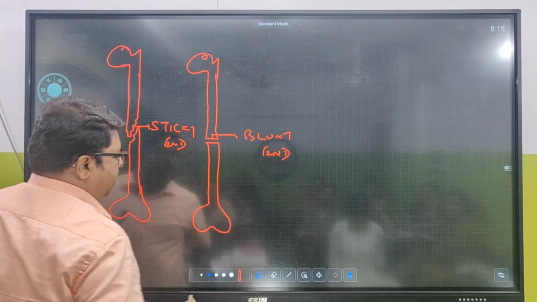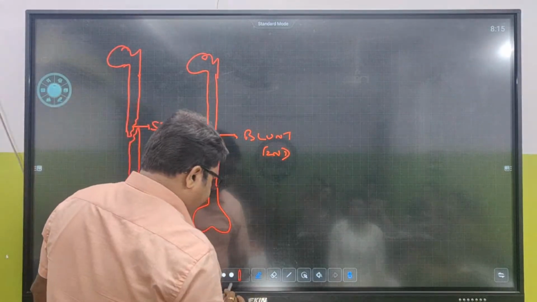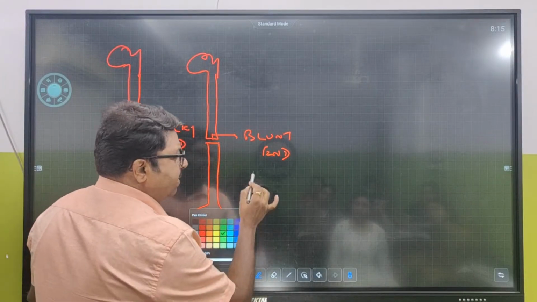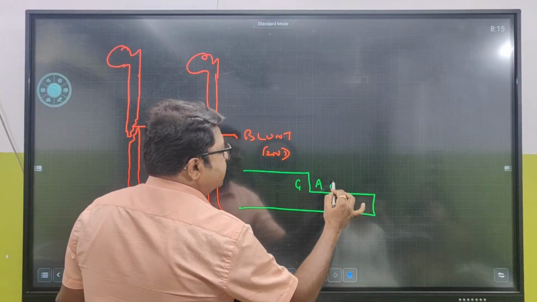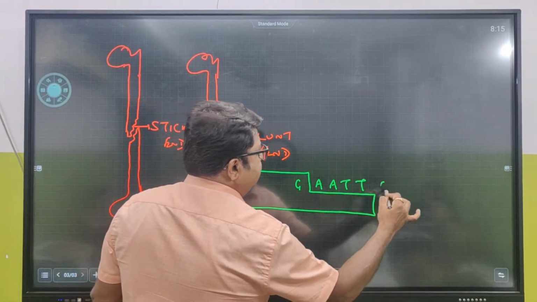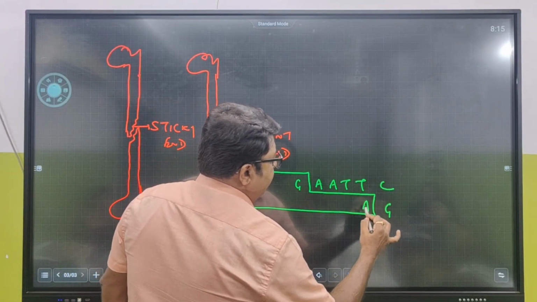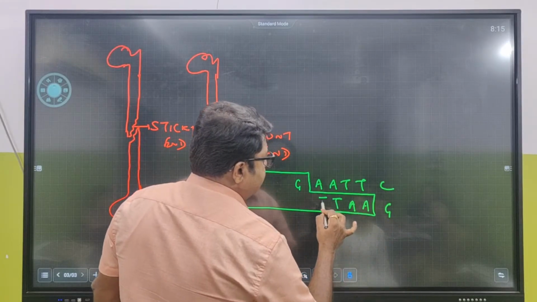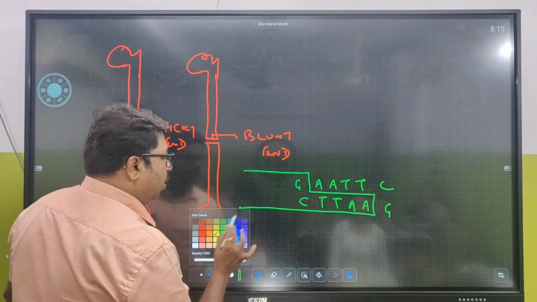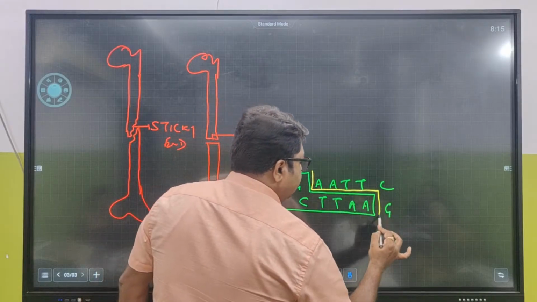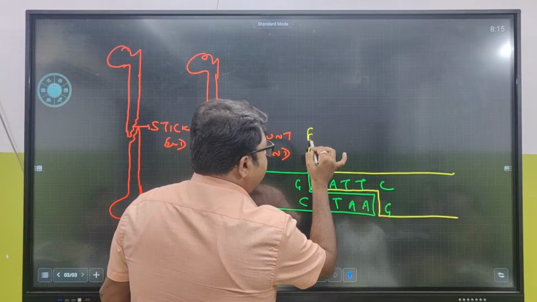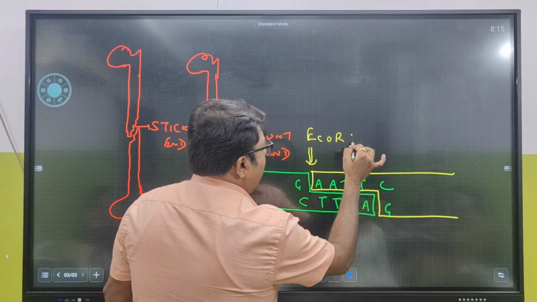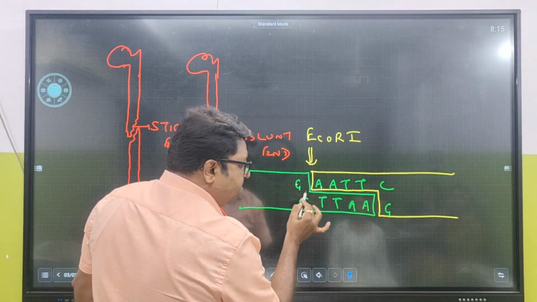Just like that, this EcoRI can cut the DNA and make sticky ends. GAATTC, and over here GAATTC. EcoRI is going to cut DNA in between G and A and make sticky ends.